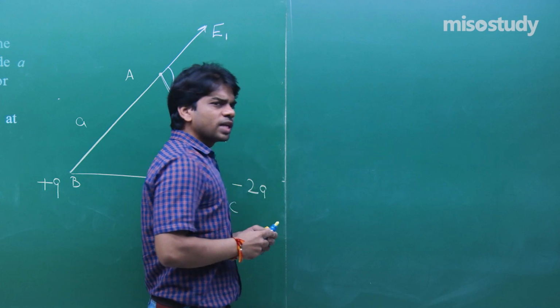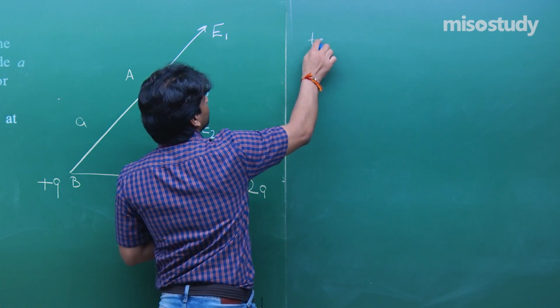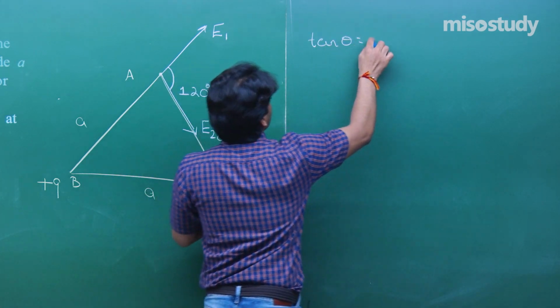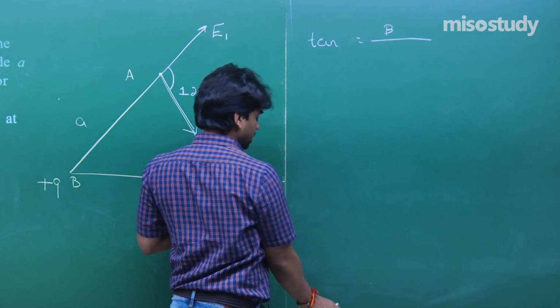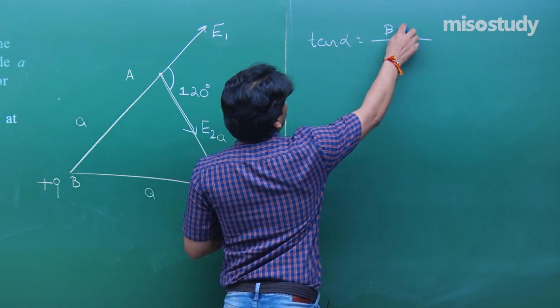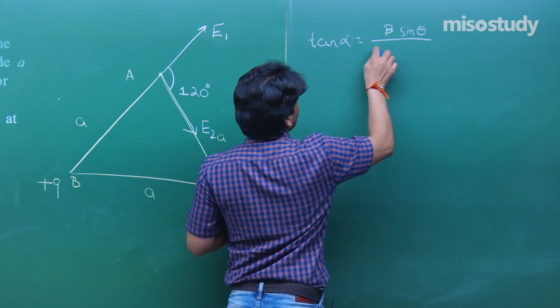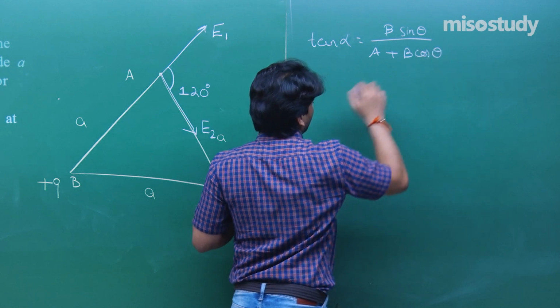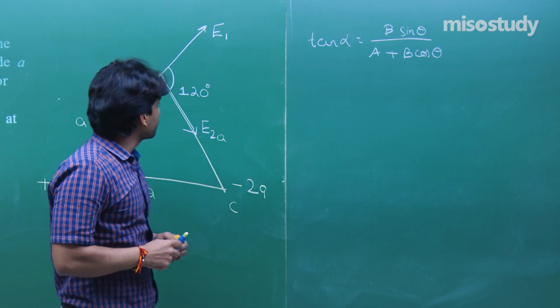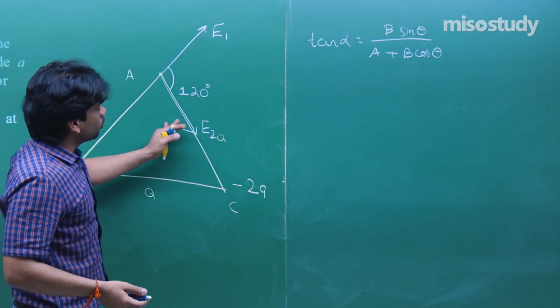We all know that tan alpha, let me mention, the resultant angle, tan alpha is equal to b sin theta upon a plus b cos theta, if two vectors are making an angle theta with respect to each other. So two vectors E1 and E2 are there.